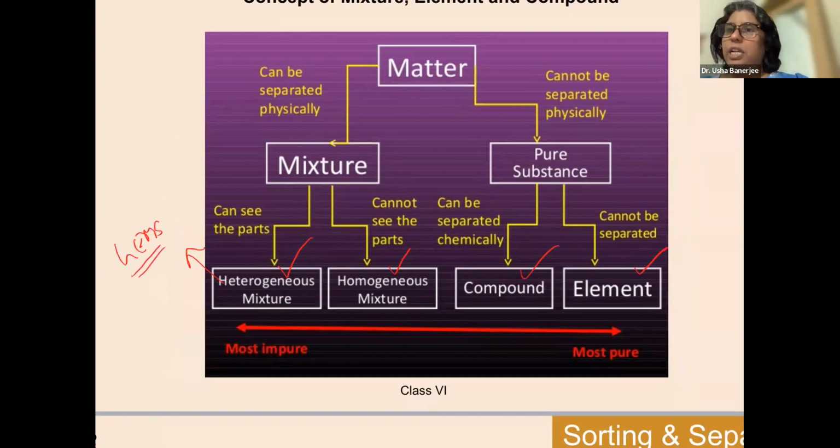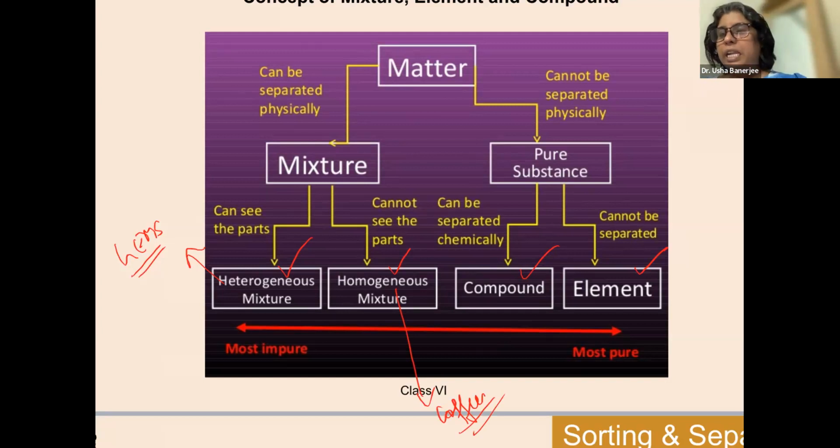Heterogeneous mixture, red gems, blue gems, green gems. So you can see the different gems with your naked eye. And homogeneous mixture is a cup of coffee. So coffee has milk, water, sugar, coffee powder. Once you've mixed it, if I tell you, take out the milk for me, can you do it? No. So coffee is the simple example of homogeneous mixture.